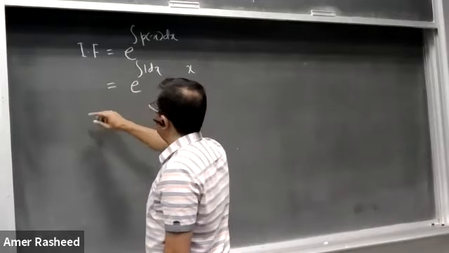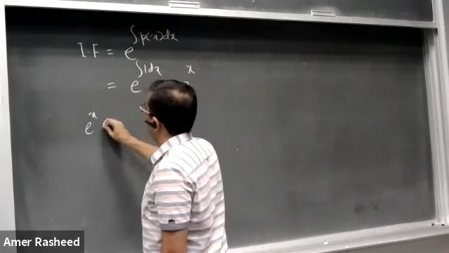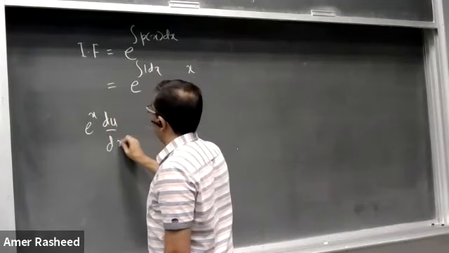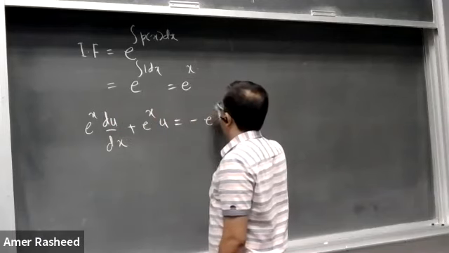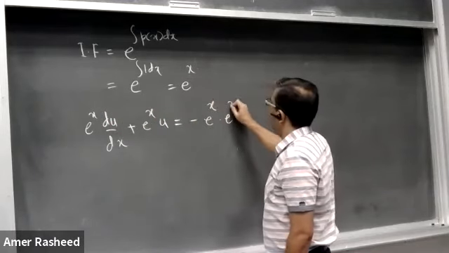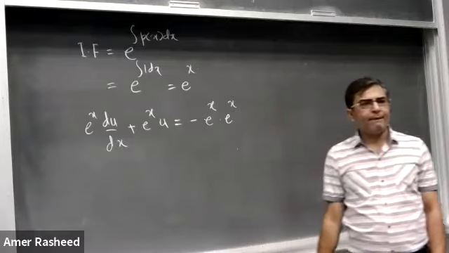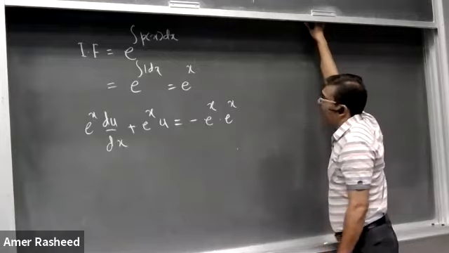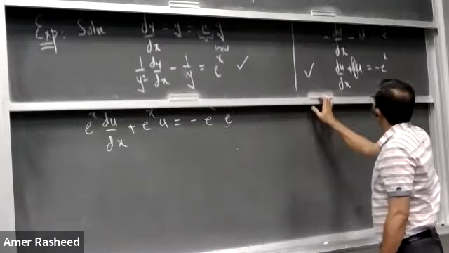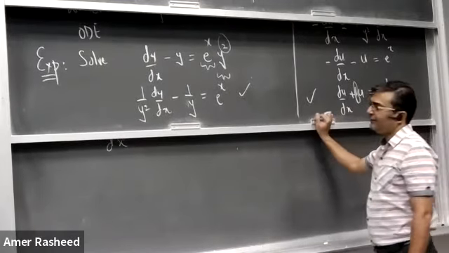Now, multiplying the equation with the integrating factor, we obtain this thing, negative e raised power... here there was x, here one more e raised power x. On the right hand side, it was negative e raised power x, right? Yes, this one is the negative e raised power x.